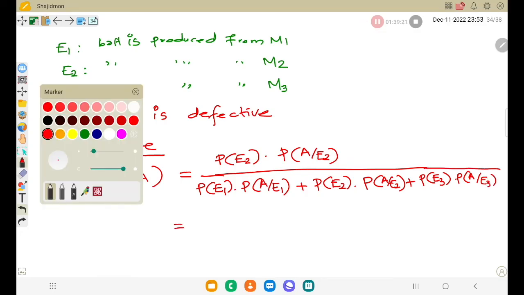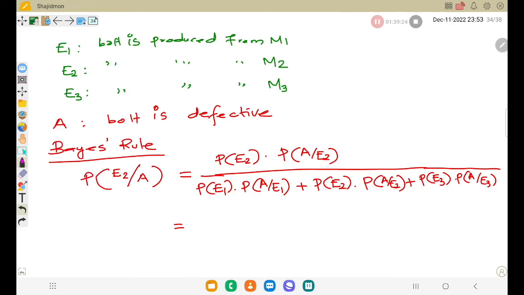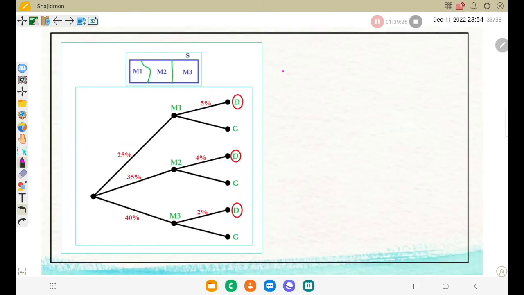Now we need to calculate these numbers separately. What is probability of E1, what is probability of E2, probability of E3, correct? Probability of E1 means probability of production by machine 1, 25%.